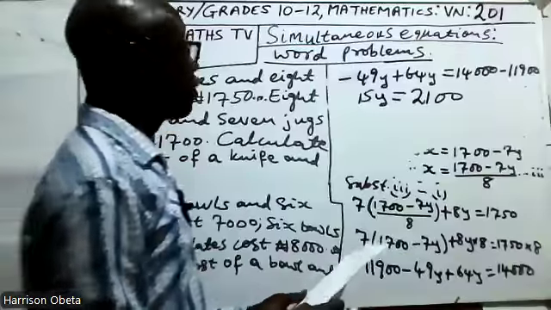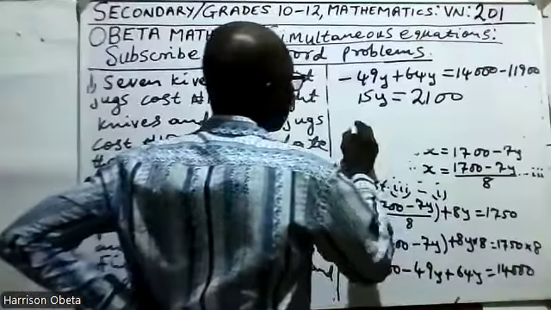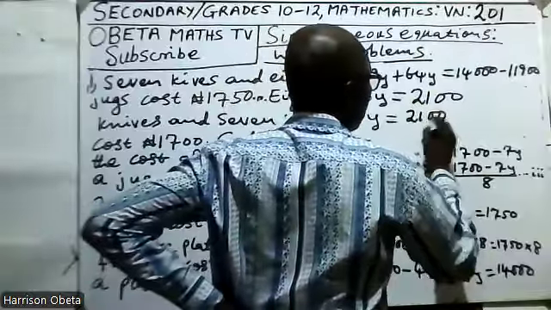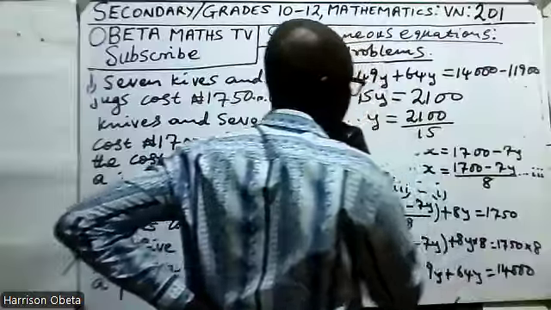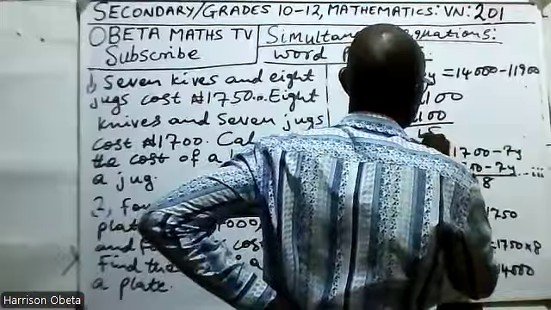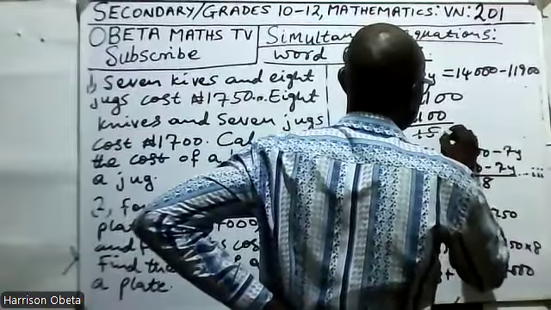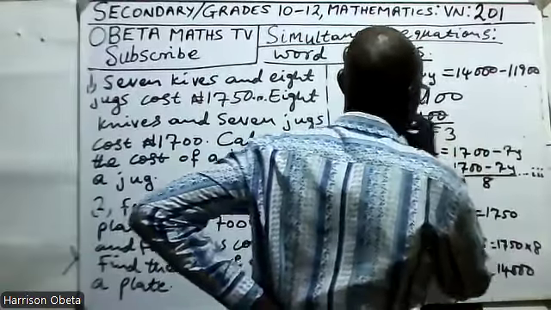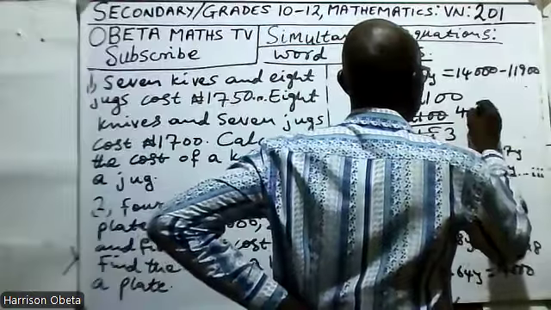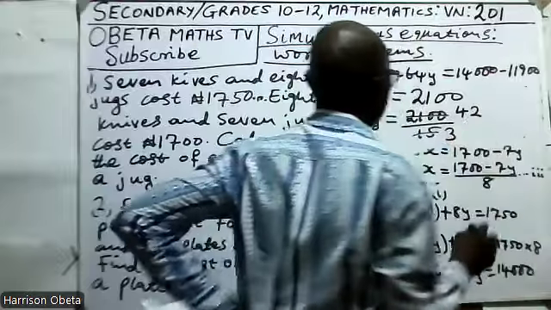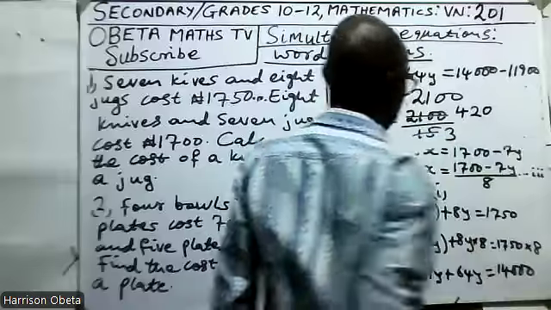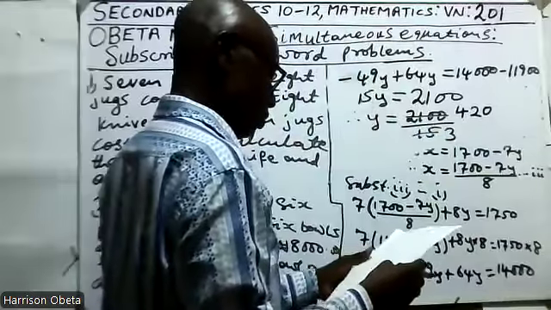So moving on, therefore y is equal to 2100 all over 15.